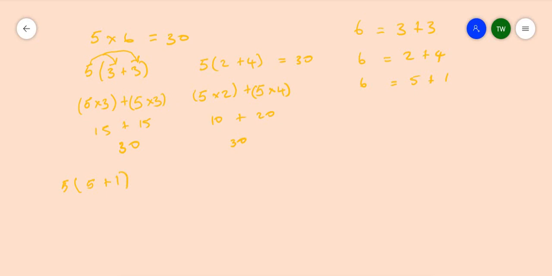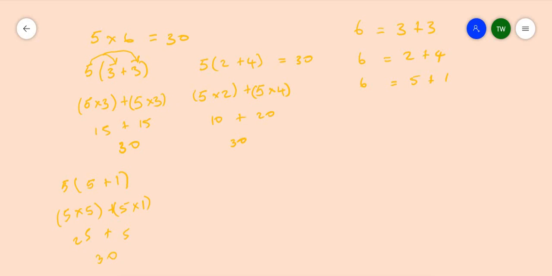So we're going to take the 5 to multiply the 5, so it's going to be 5 times 5, plus our plus sign, and it's going to be 5 times 1. So now 5 times 5 is going to give us 25, plus 5 times 1, that's just 5, and 25 plus 5 is just 30. So yes, it has held through.